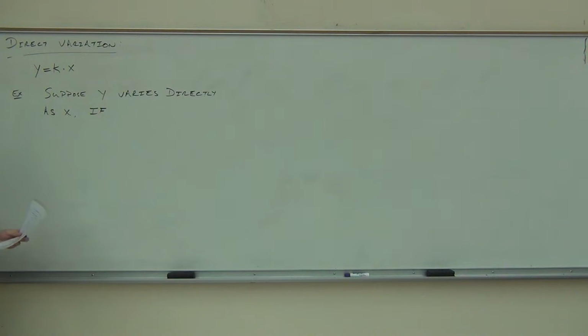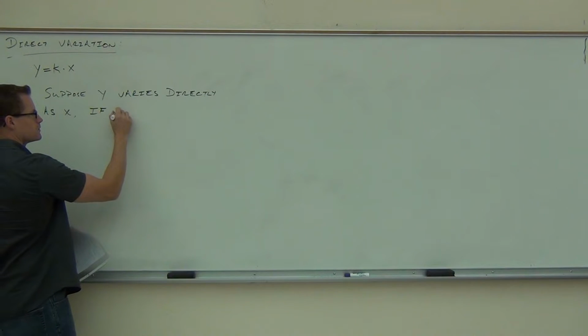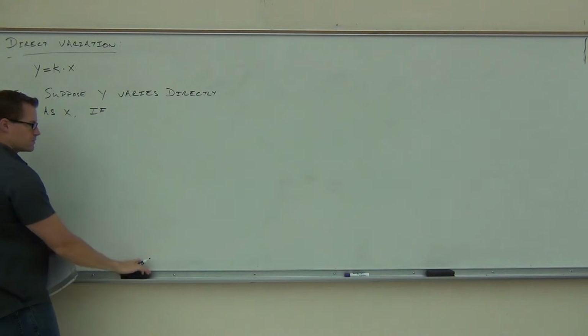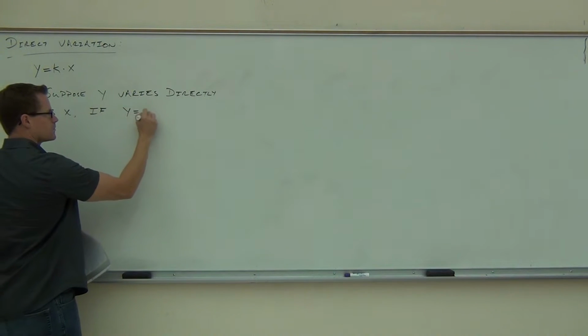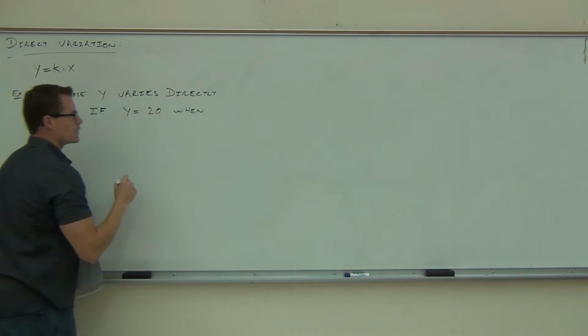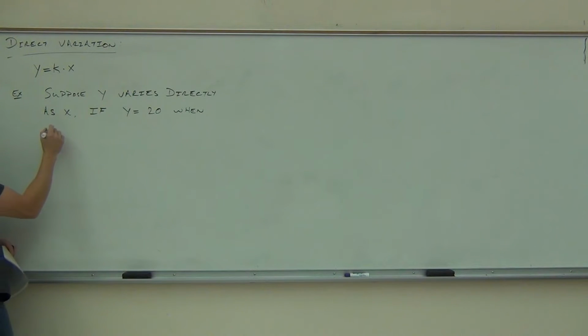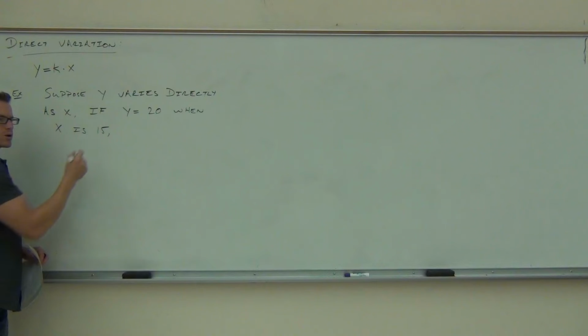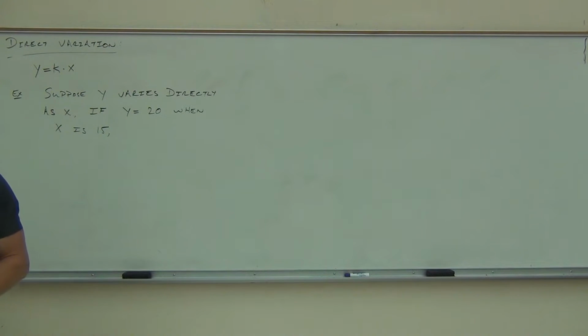Let's say y equals 20 when x is, let's say, 15. What we're going to do, we're going to find k again, and then we're going to write the equation.